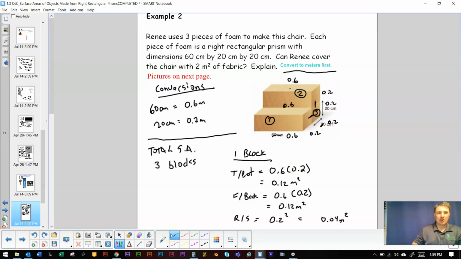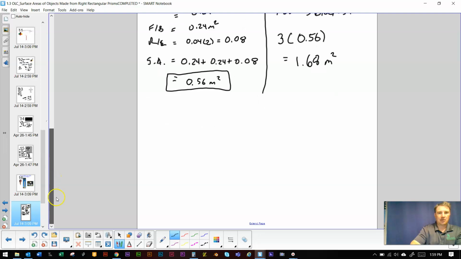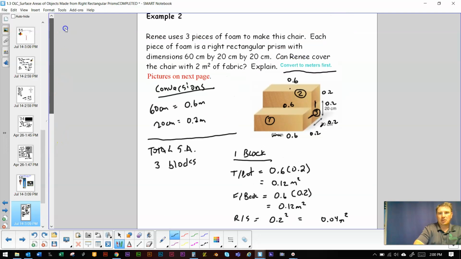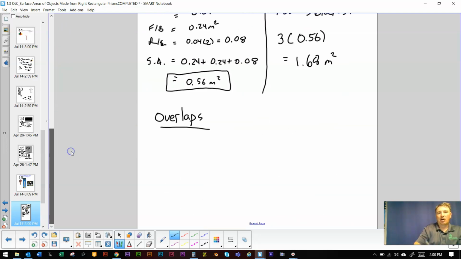So we'll go back down here to where I left off with my math. Okay. So we're starting with 1.68, but then we got to get rid of the overlaps. So I'm going to put overlaps. And what are we overlapping? Okay. We are overlapping a top bottom and a front back, and they are all the same measurements.